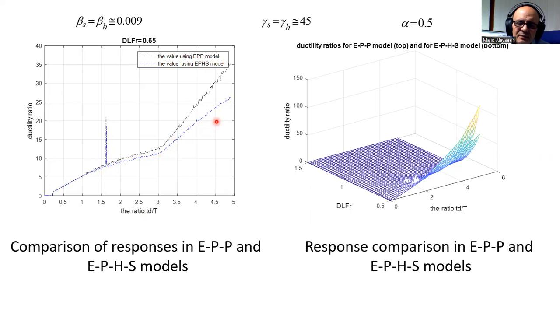And this is what I was expecting, because there is extra resistance here, 1% resistance in the plastic part. It is not zero resistance; there is 1% resistance compared to elastic. So this is why this curve falls below that.